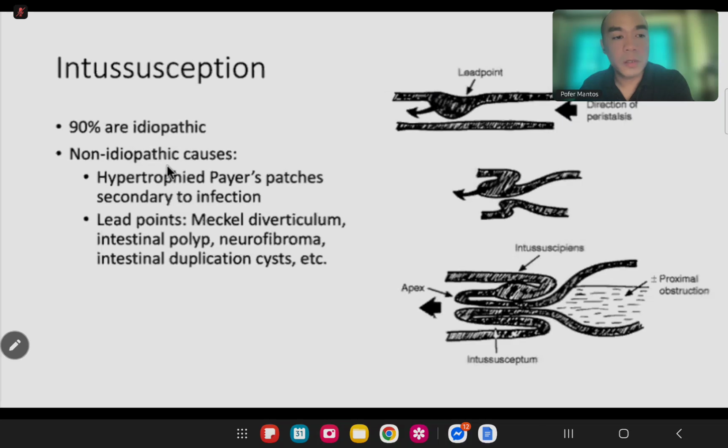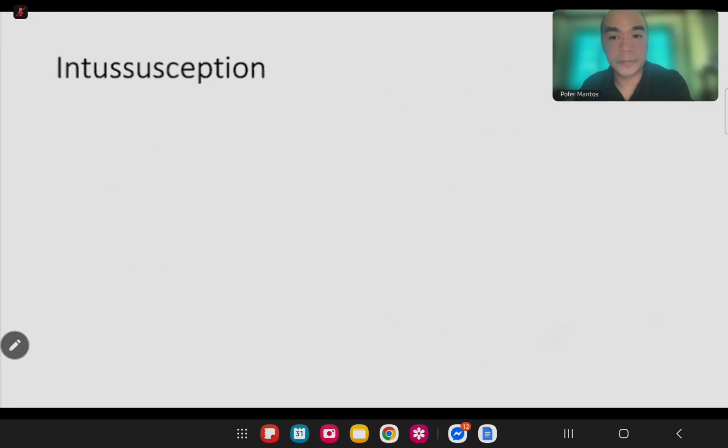The remaining percentage has a lead point, such as hypertrophied Peyer's patches secondary to infection, or the presence of a microdiverticulum, polyp, or any masses in the intestine that can serve as a lead point for development of intussusception.